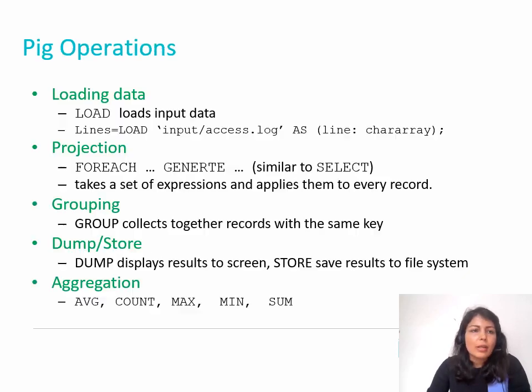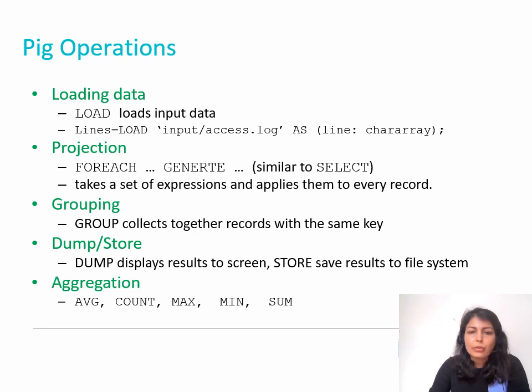Let's learn some of the main operations in Pig. The first one is loading data. The load operation can load input data. I will give you examples of all these operations in the next slides. Projection is similar to select, which means you can apply a condition to a set of records.